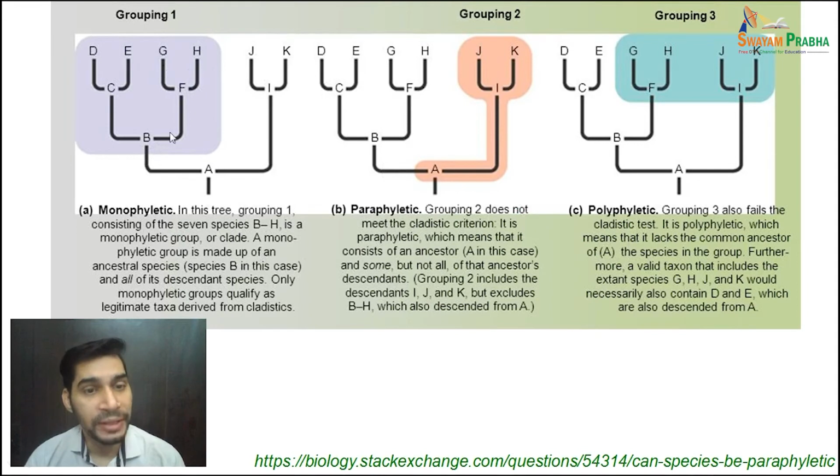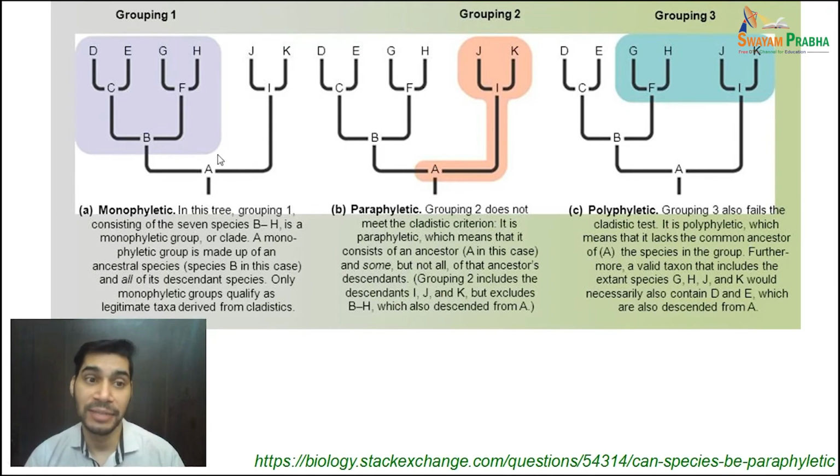Only monophyletic groups qualify as legitimate taxa derived from cladistics. Now compare this monophyletic group with the paraphyletic one shown in grouping 2. Grouping 2 does not meet the cladistic criteria. Why? Because it is a paraphyletic grouping, which means that it consists of an ancestor, which is A in this case, and some but not all of its descendants.